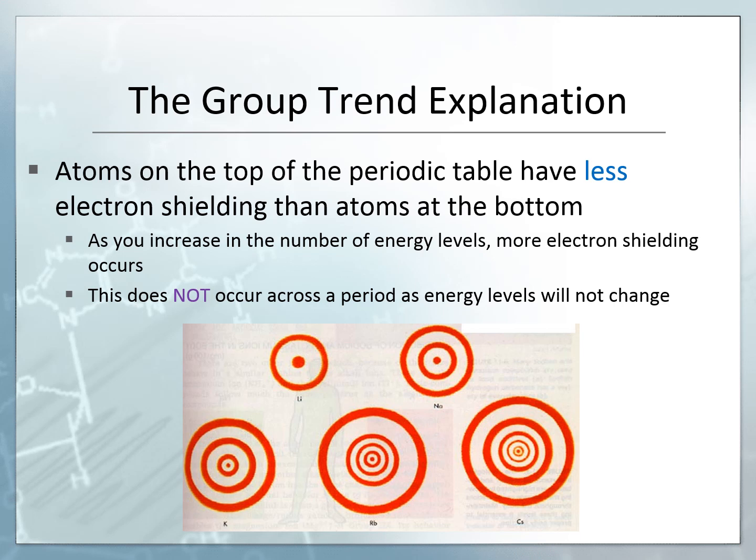You can see for period number 1, we only have one shell. Period number 2, we add another shell. Period number 3, three shells. Period number 4, there are 4 shells.